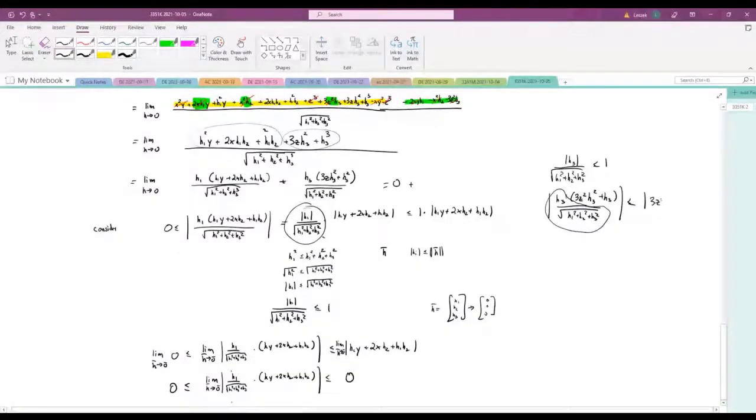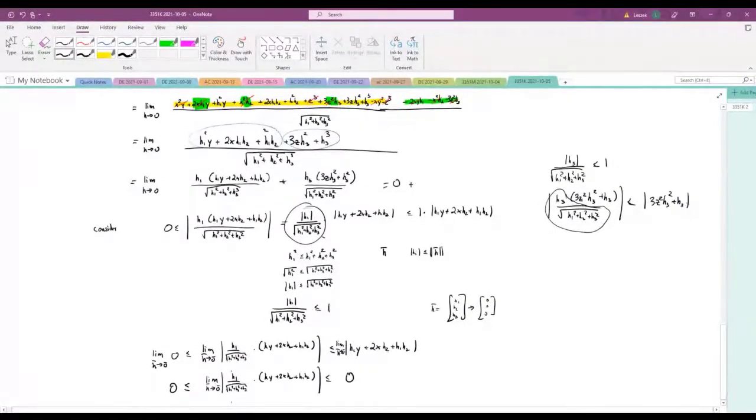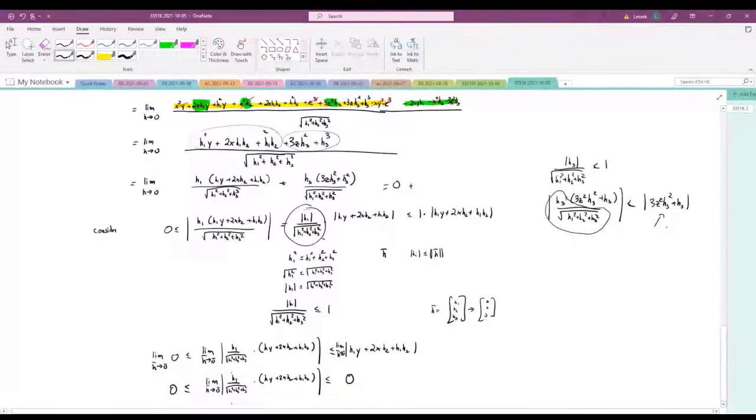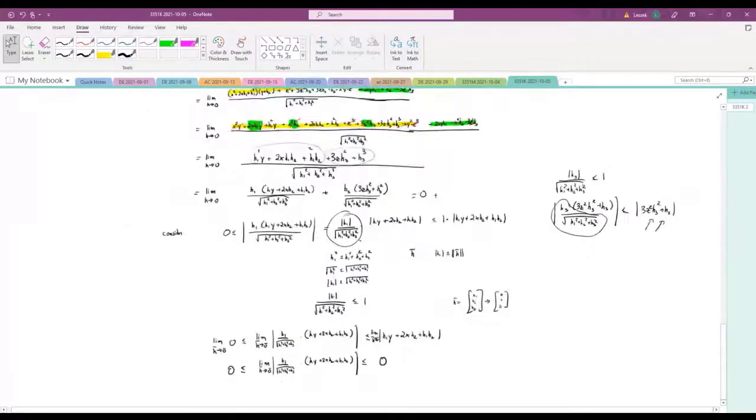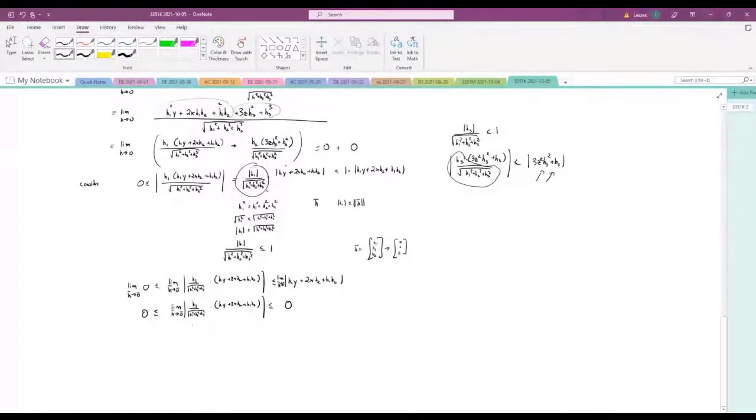So you're just left with the remaining thing. And now as vector h goes to 0, so does h3. So this will go to 0. And you can squeeze the second term at the limit to go to 0. All right, well, we proved it, right?